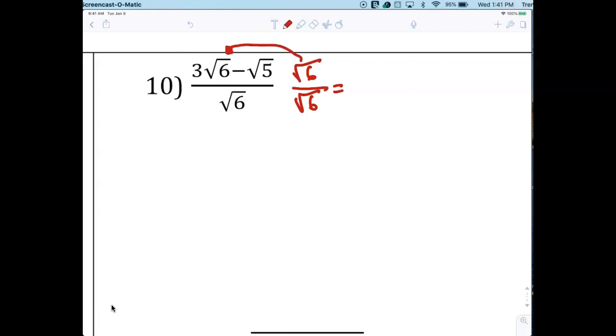Times 3, 18, right? Minus radical 30, all over 6. Can you reduce things bounded by addition or subtraction? No.